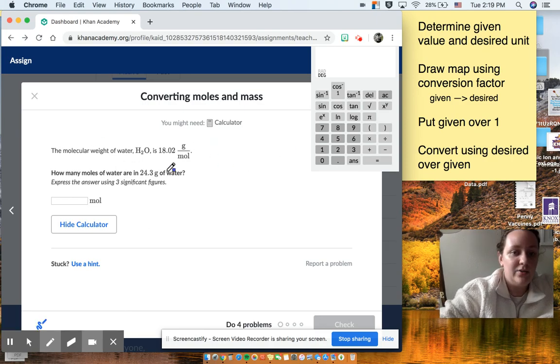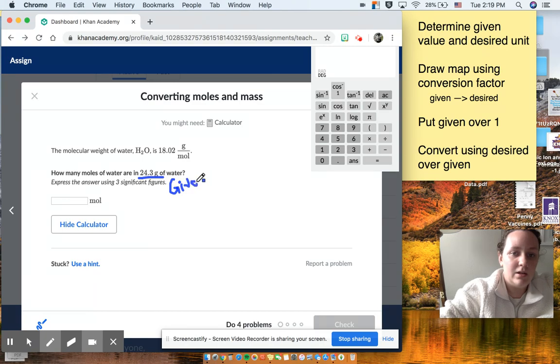So I like to just underline the given, 24.3 grams of water. And I'm going to mark that with a G for given. Does that look like an arrow or does that look like a G? It kind of looks like an arrow. Hold on. That looks like a better G. Maybe I'll just write out the whole word.